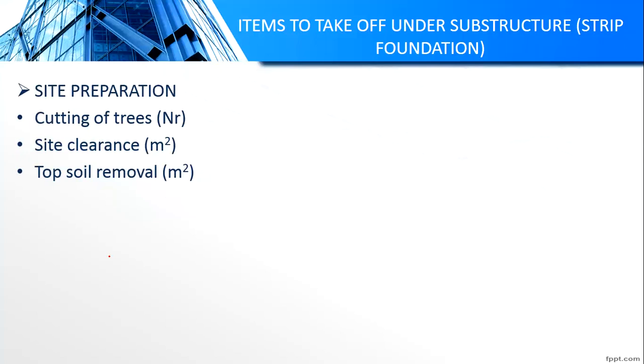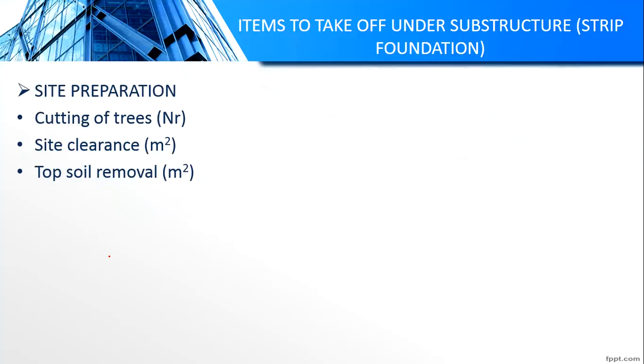But if you are talking about already developed land that you want to work on, the first item may be demolition of existing structure, and the second item may be packing away of debris off site before starting construction work. So it depends on the land on which you want to work.